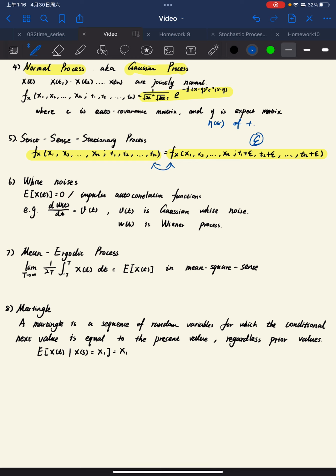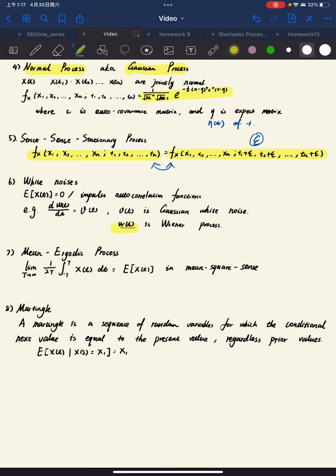For the sixth one, white noise. We talk about our Wiener process, and suppose we denote the Wiener process as Wt, and find the derivative of this Wiener process with respect to time t.